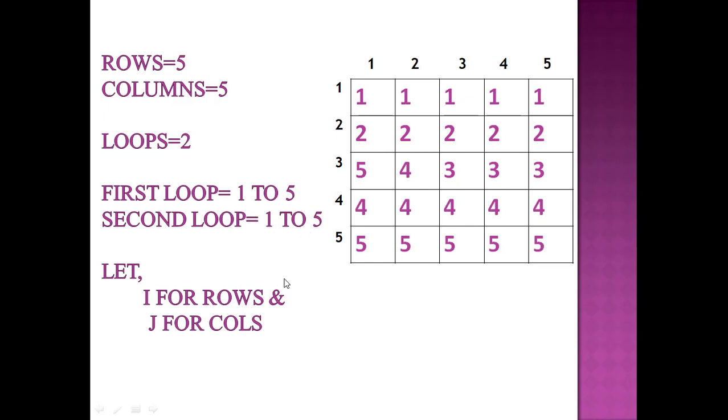But what is the difference? In the star video we were printing stars because there was only one option, we had to print only star, but here there are different numbers. So some of us get a little confused in this because it is a confusing pattern to draw. Similarly, let i variable be for rows and j for columns.